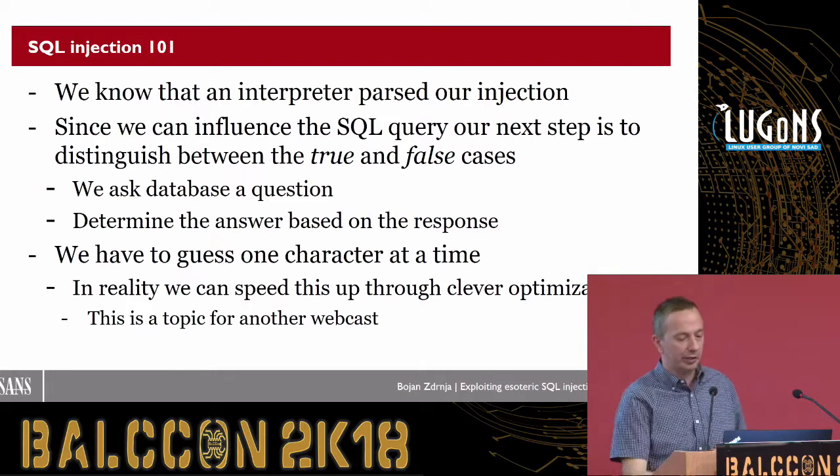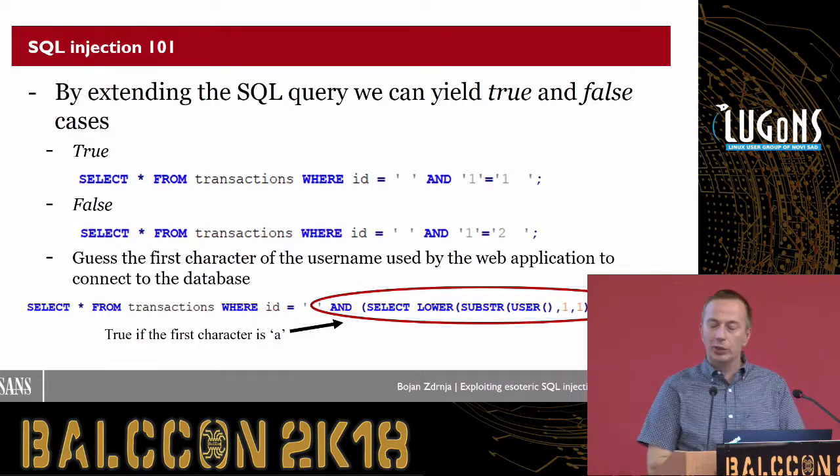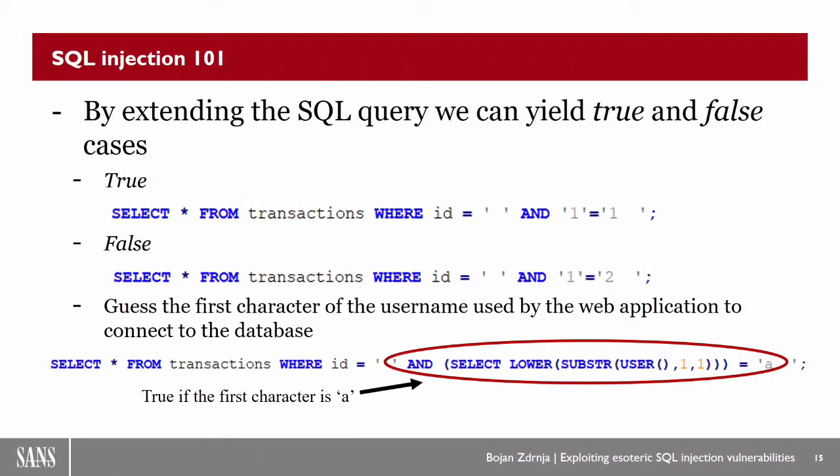And this is something that we will exploit. So let's see what we can do here. We have two cases. The first one: select star from transactions where ID equals something. Remember, we can inject into the ID parameter. This is the same example as I had previously. So: select star from transactions where ID equals something and 1 equals 1.